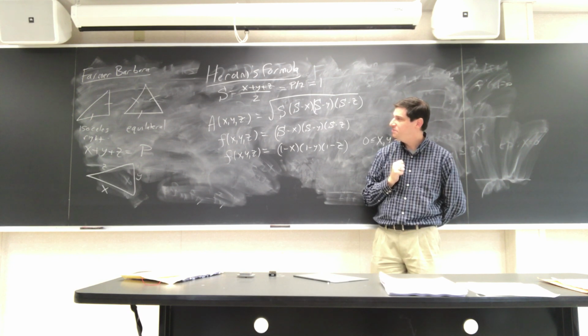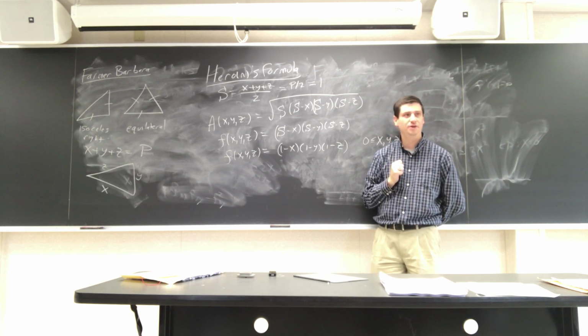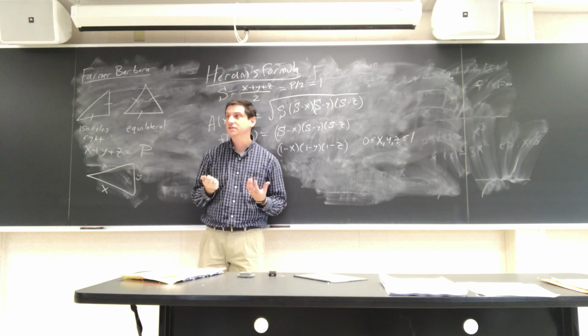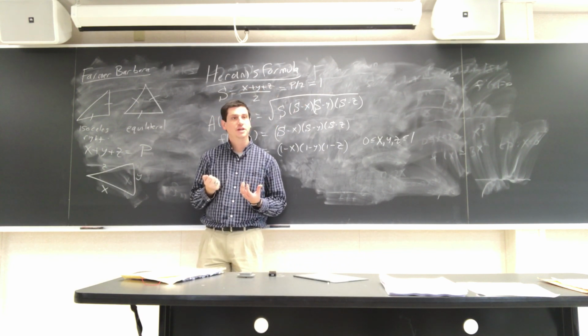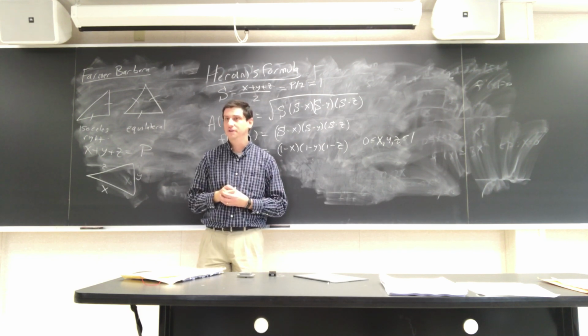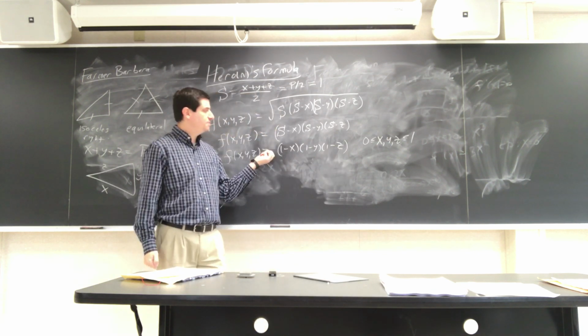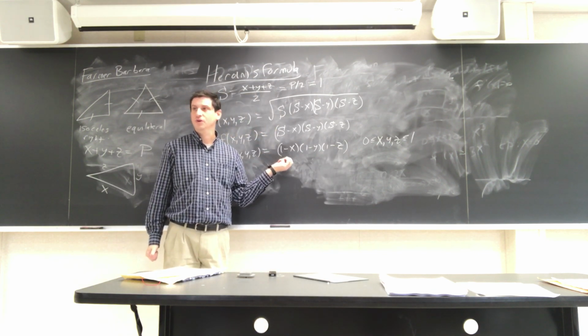Do you think that the best triangle is going to happen when x, y, or z is 0 or 1? No, those are all going to be degenerate triangles. This is fortunately the case in a lot of applications. You can argue that the boundary cases, the endpoint cases, don't really matter, and the optimization is going to come in the interior. So now we want to find the place where all the derivatives vanish.